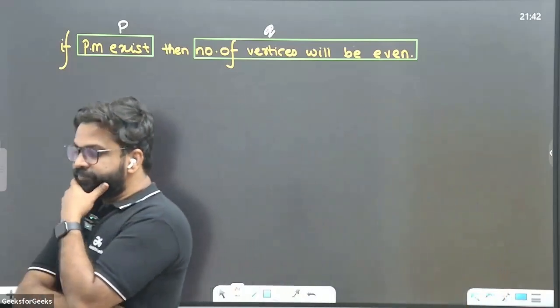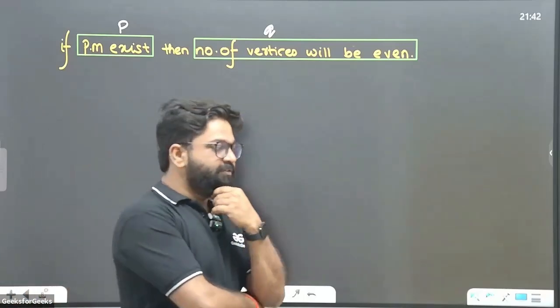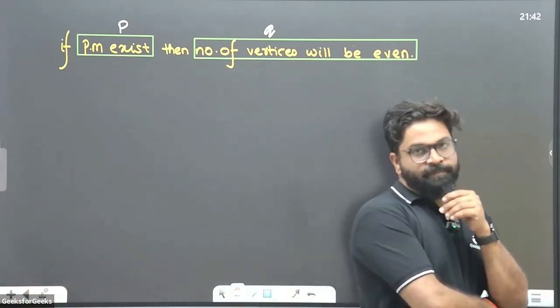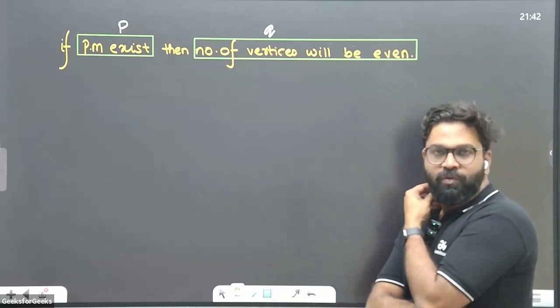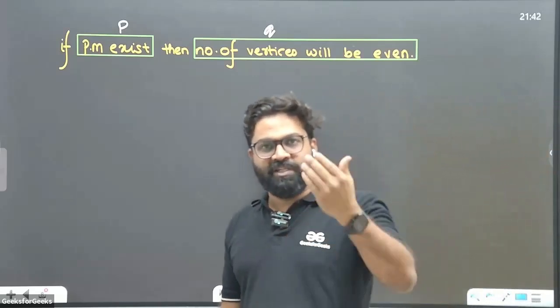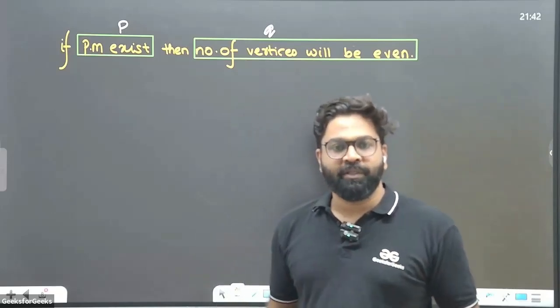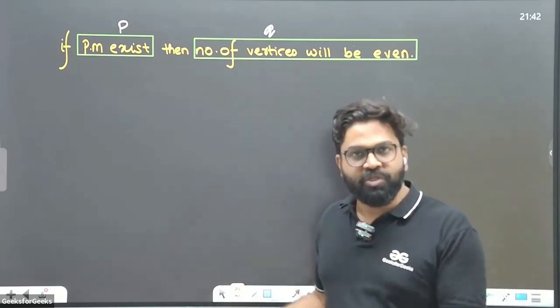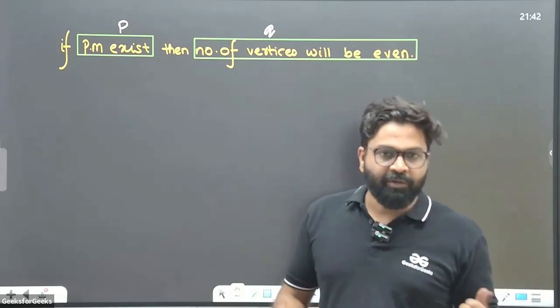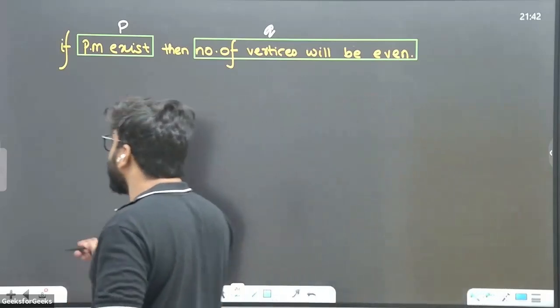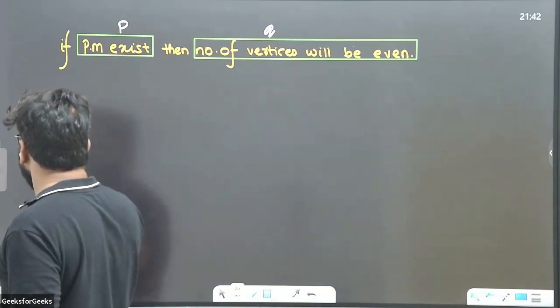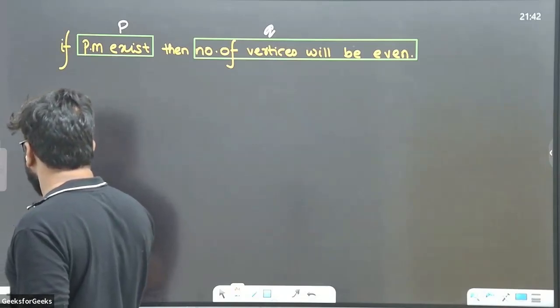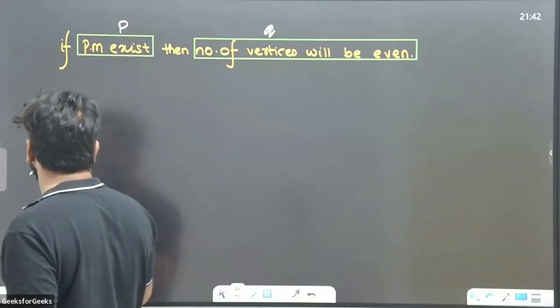The theorem says that if perfect matching exists, then the number of vertices will be even. Then what will happen? People will come and try to destroy the theorem, right? That's the mentality. So let's consider there are 4 different types of people trying to come and destroy your theorem.